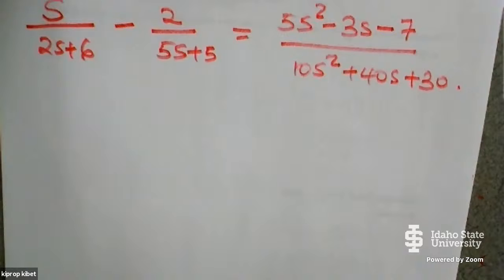Before you get the LCM, you need to factorize the 10s squared plus 40s plus 30 completely to see what the factors will be. Without even solving it, you can look at it directly. You can multiply 2s and 5s here.